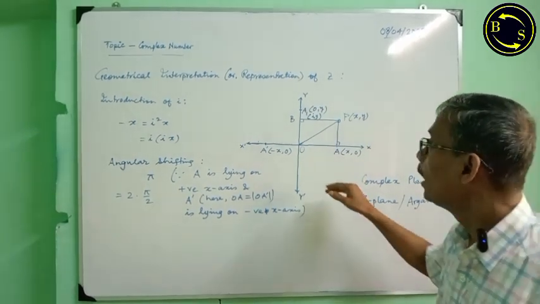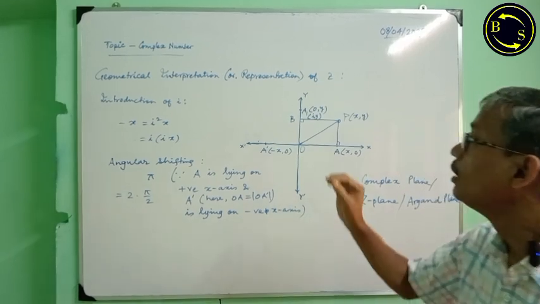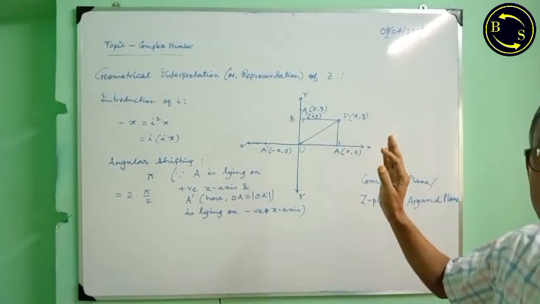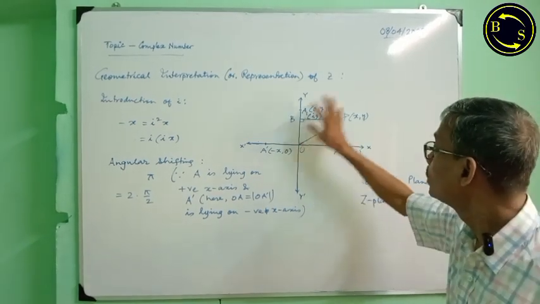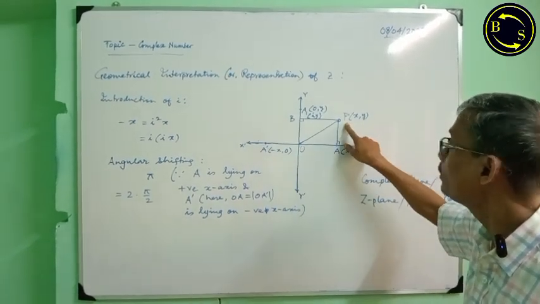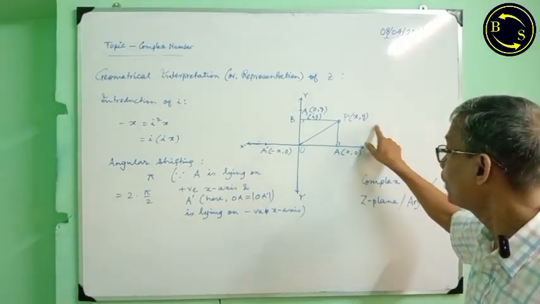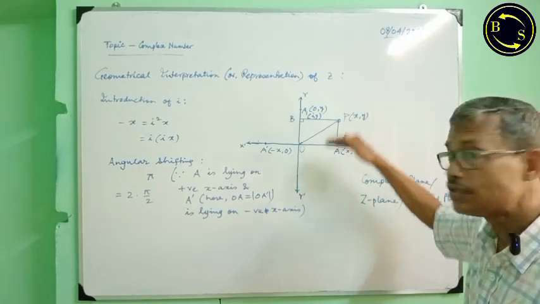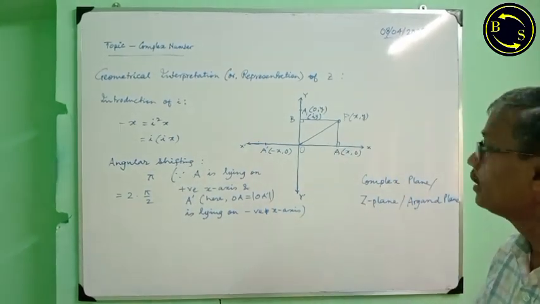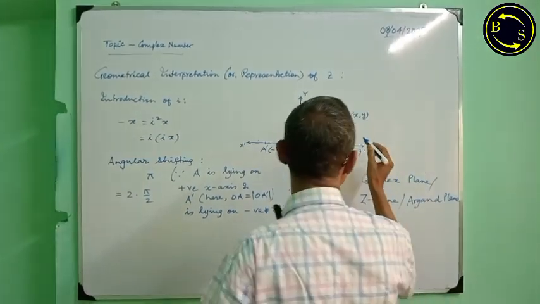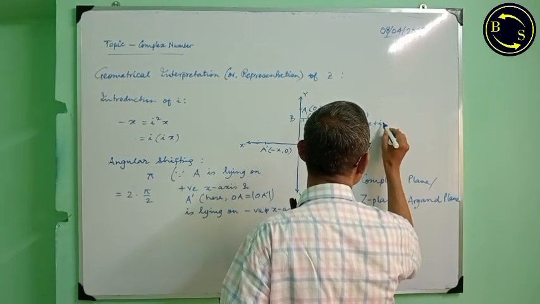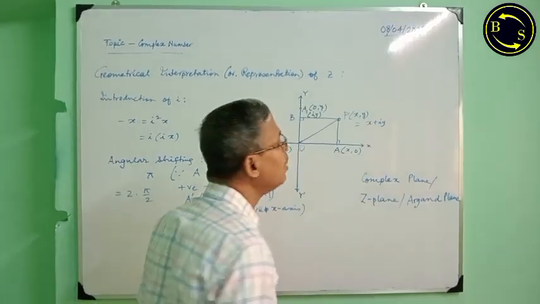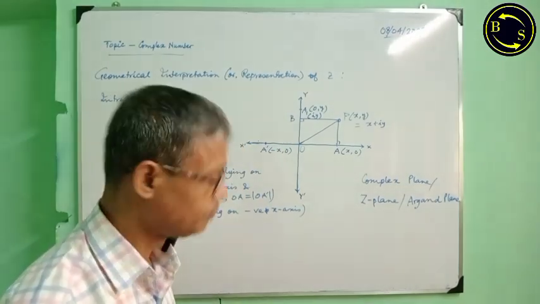Now, about the representation of x plus iy. See this diagram. I have taken a point P having coordinates (x, y). Since it is lying on the z plane, it will be the complex number x plus iy.